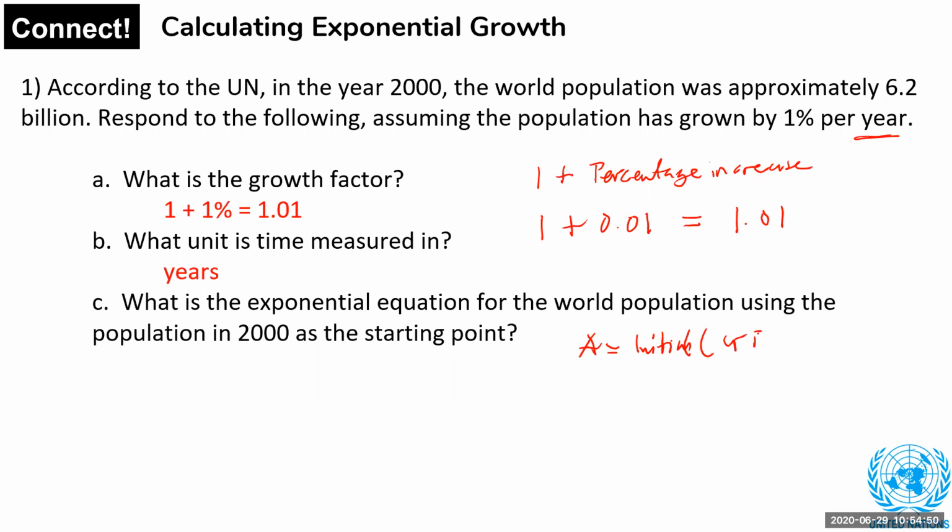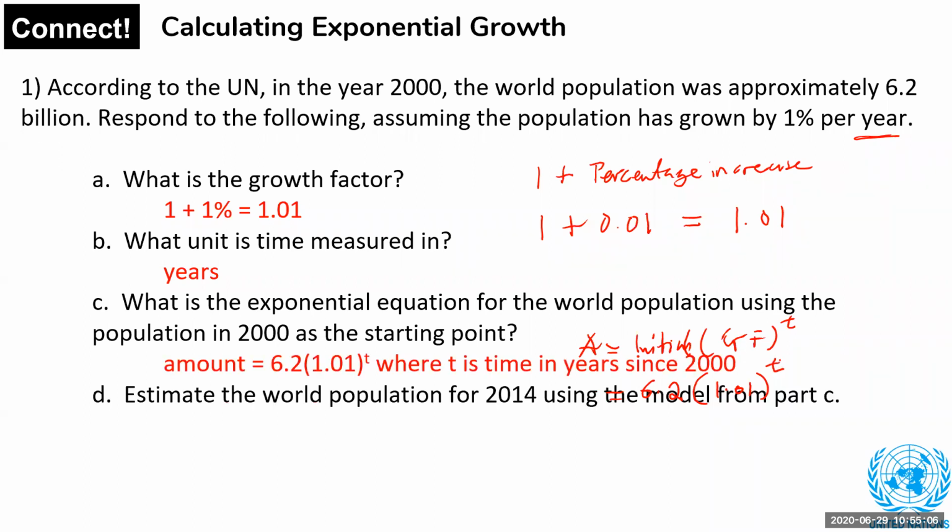The growth factor, I'll call it the GF, to the T. The initial is giving us 6.2 billion, right? The growth factor, we just found that as 1.01. And we don't know the time, so we put T. And that is our formula. Is that okay?